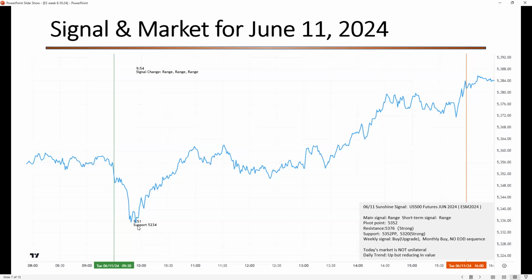This trade, if taken, would have initially given about 20 to 25 points. And if you had held a runner for the end of the day, it would have given up to 50 points.